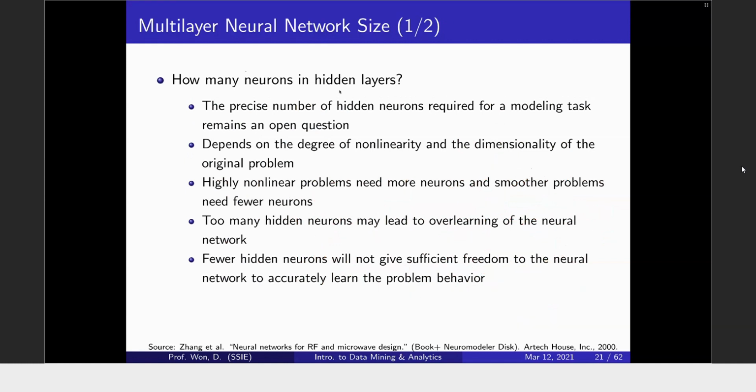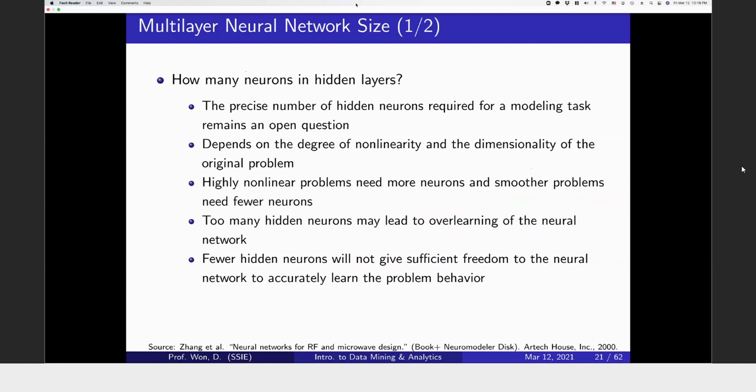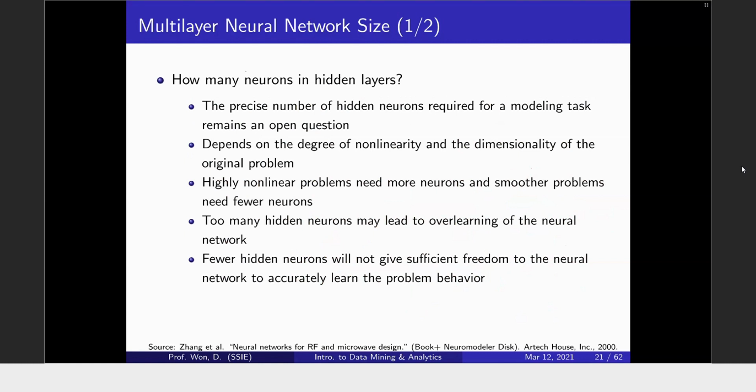So now we are talking about how many neurons. Is it okay to start from this page? Page 21, should I start from this page? I think whatever you were writing, at that time your voice was lost. Otherwise, it's okay. Okay, so I'm going to start from this page again, okay?